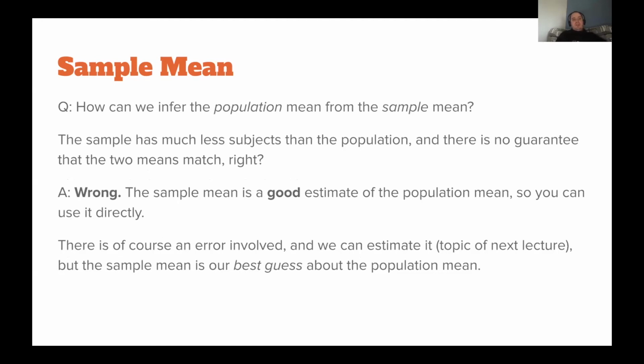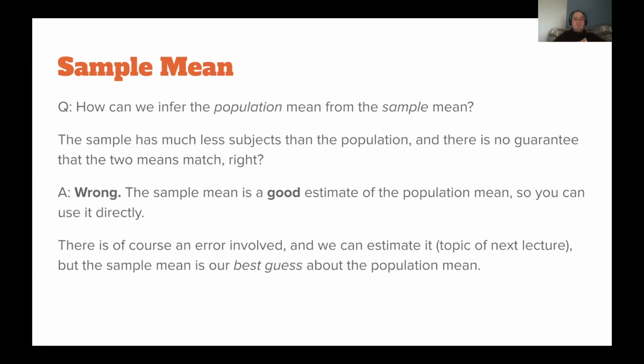But one question that usually comes up with people when they're starting to take a step into statistical inference is to think, well, how can we infer the population mean from the sample mean? I mean, the sample is much smaller than the population. Let's say the population has, I don't know, hundreds of thousands of individuals. That's why it's so hard for me to reach it, because there's too many elements in this, right?